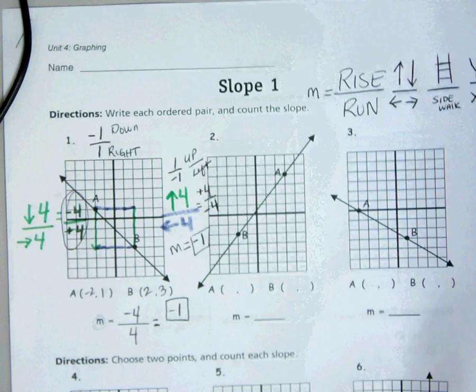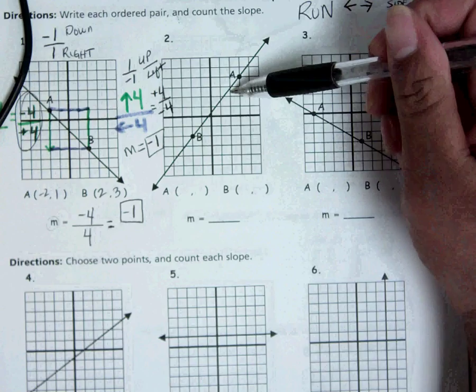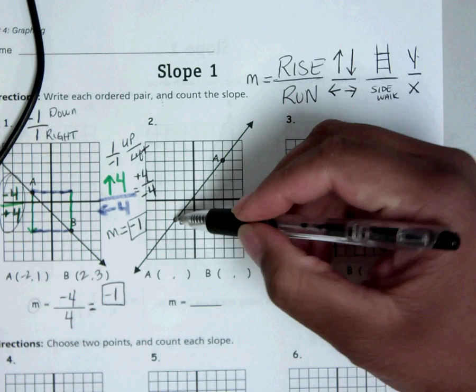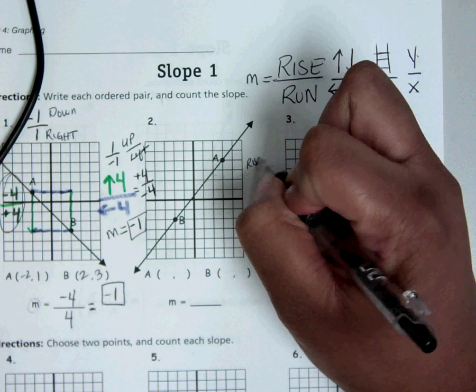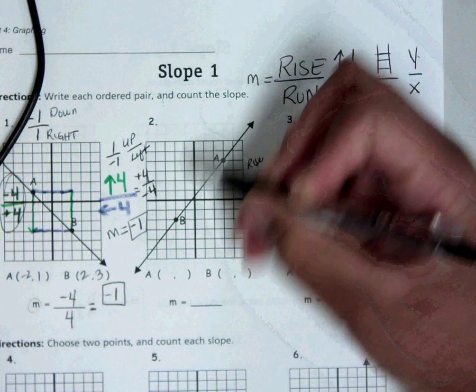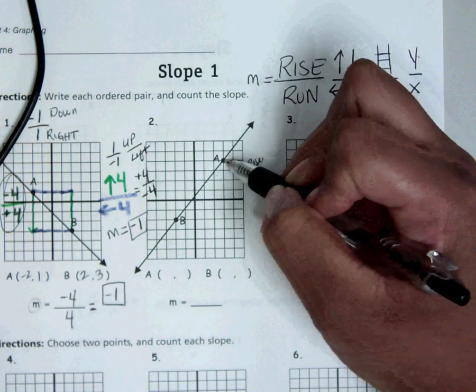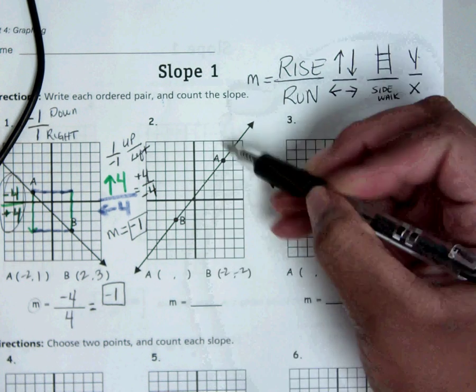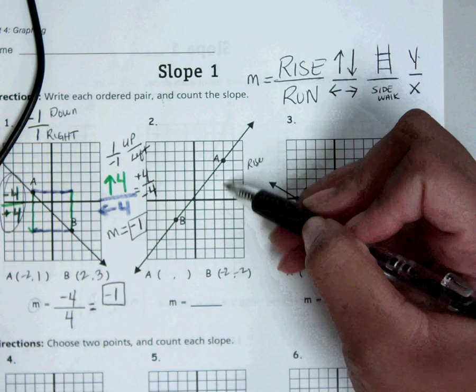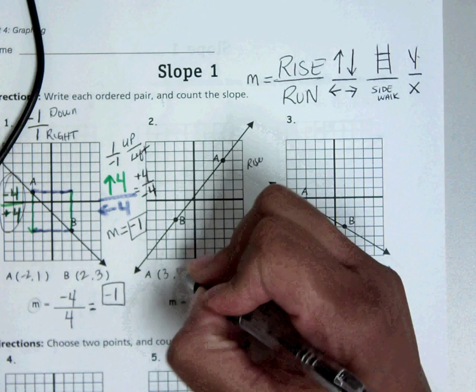Okay, let's do number 2. So if I am trying to find the slope, I have to rise or run. So I'm going to rise, meaning going up or down. And so to go from B to A, B is -2, -2. A is 1, 2, 3, 1, 2, 3, 4, so 3, 4.